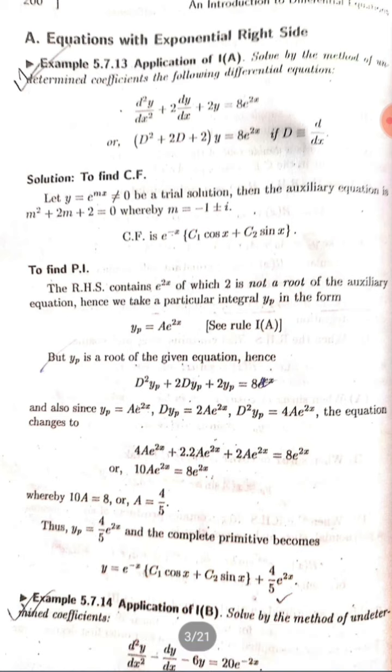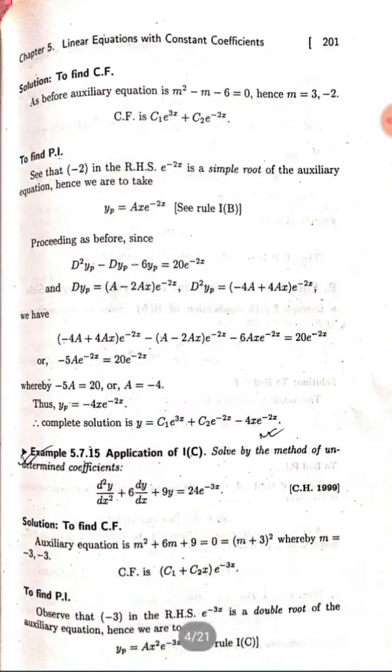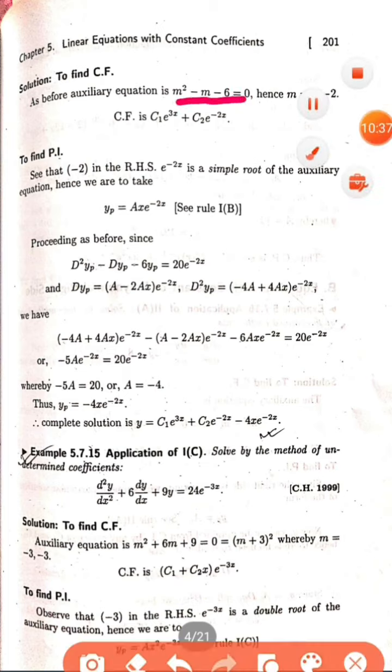In this sum, you have to first find the value of CF. Here the auxiliary equation is m² - m - 6 = 0. So the values of m are 3 and -2. So the complementary function is c1 e^(3x) + c2 e^(-2x).